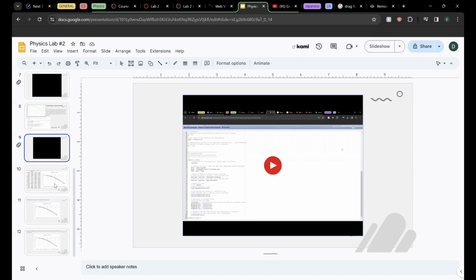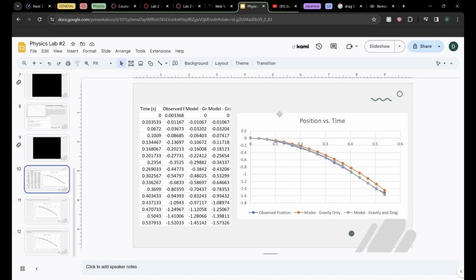It was very slightly changed throughout the experiment, which is due to the drag force. So we put these all into a graph. You can see that with just gravity, it's completely off from the observed position. The model with gravity and drag is pretty close, but there are some discrepancies, which are probably just caused by messing with the points in Tracker.